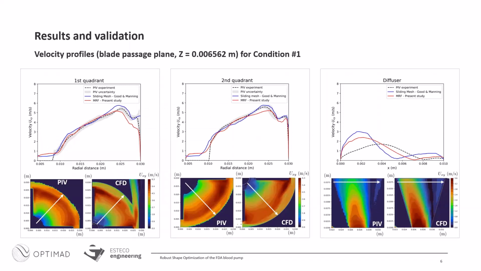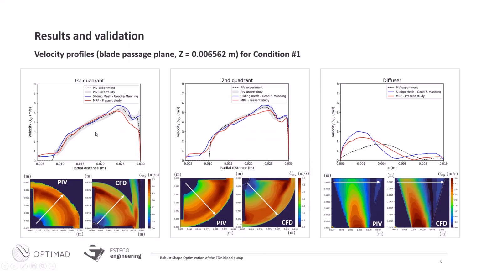These are the velocity profiles along 3 different characteristic positions in the impeller region. At the bottom, you can see a comparison between the particle image velocimetry velocity magnitude field and our CFD results.